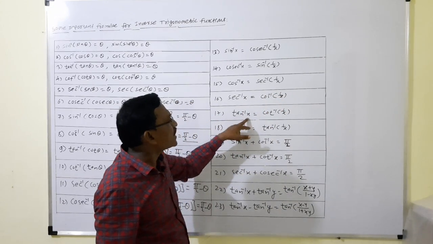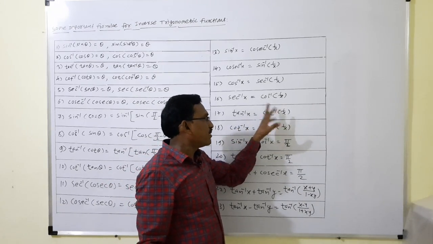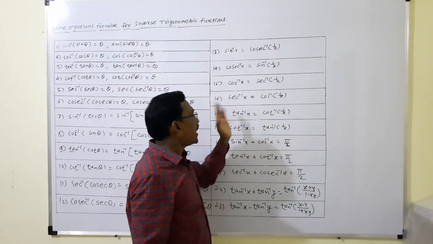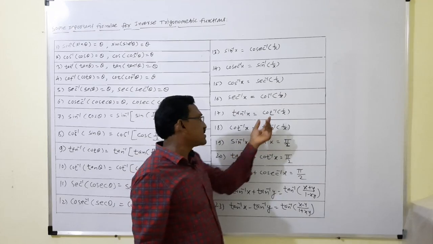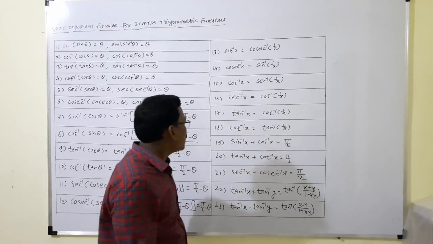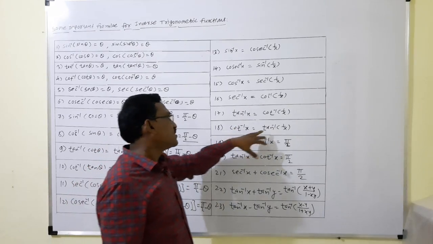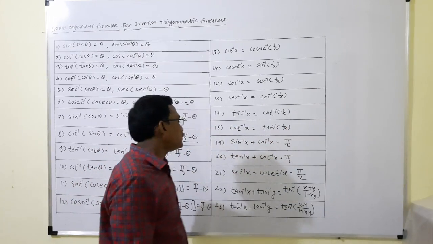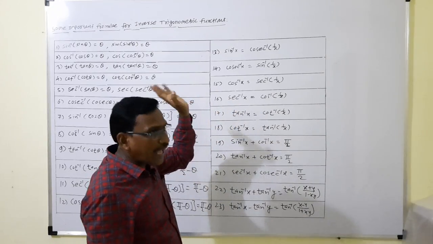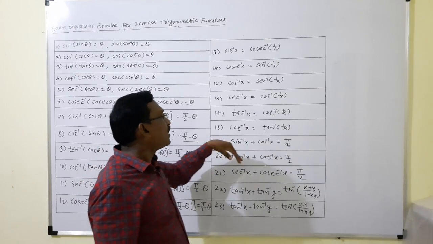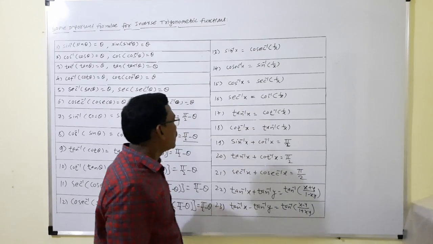Then next, tan inverse x, we write in this way, cot inverse of 1 by x. So tan inverse of x, we write the reciprocal, it is cot inverse of 1 by x. Same way, the reciprocal of cot inverse x is tan inverse of 1 by x. You may write the reciprocal of the standard trigonometric function and also take the reciprocal of the angle x, 1 by x.